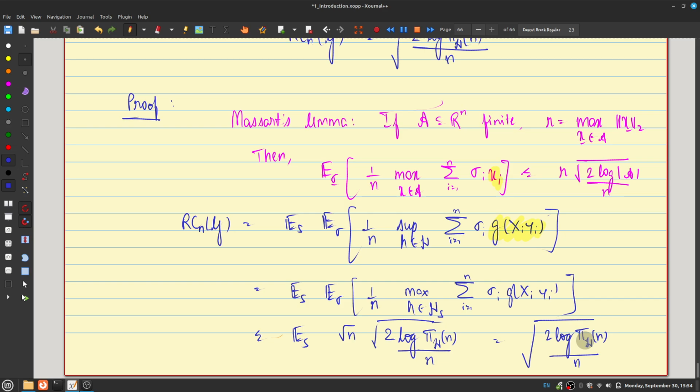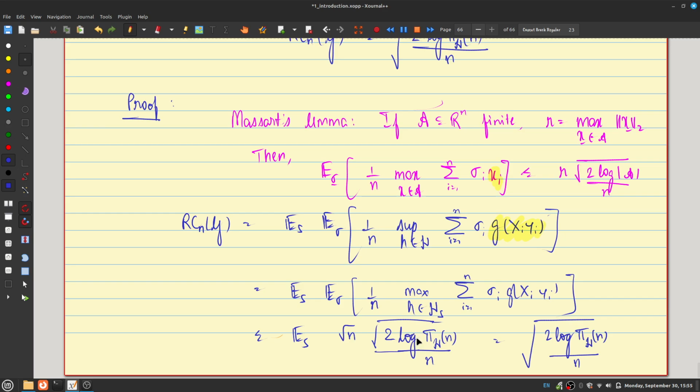Okay. Any questions? Which one? Less than or equal to. Here. So it's square root n because of the R. There is a whole divided by n. There's a whole divided by n, and this.